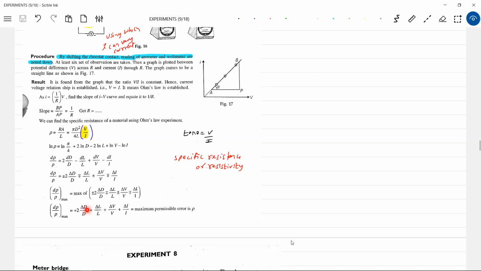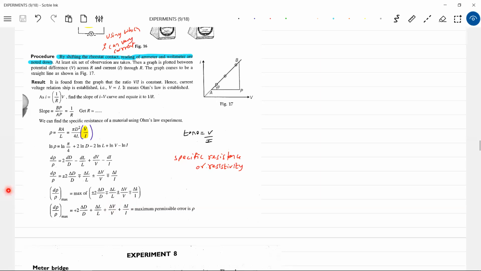When you measure the diameter, length, voltage and current, tell me, to minimize the relative error, which is also called random error, in the measurement of resistivity, are there any conditions for the voltmeter and ammeter? What should be their resolution, the smallest reading?